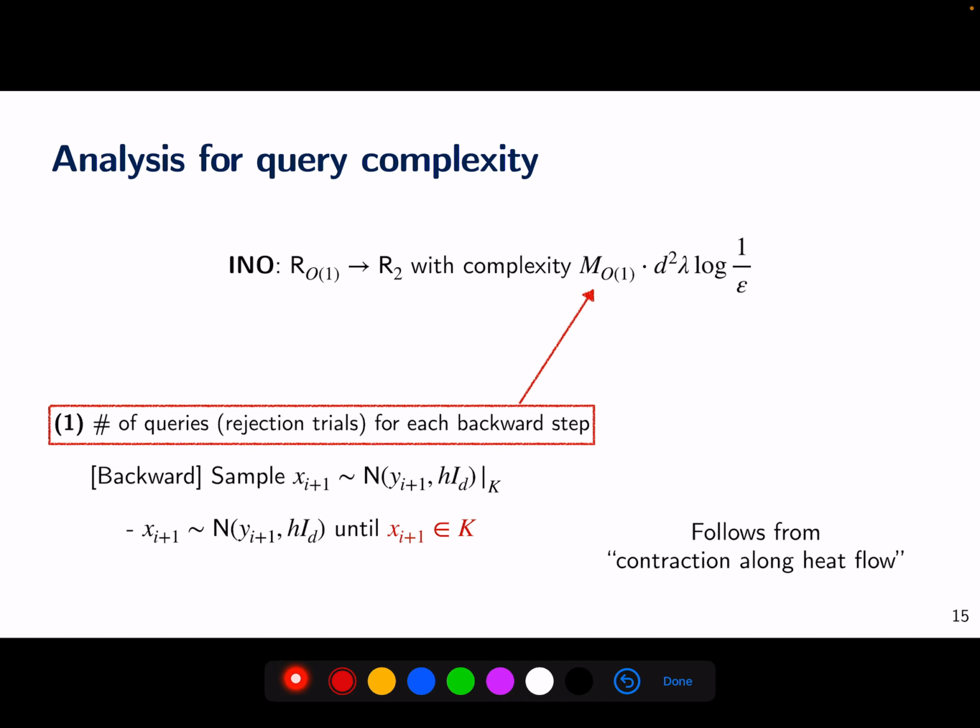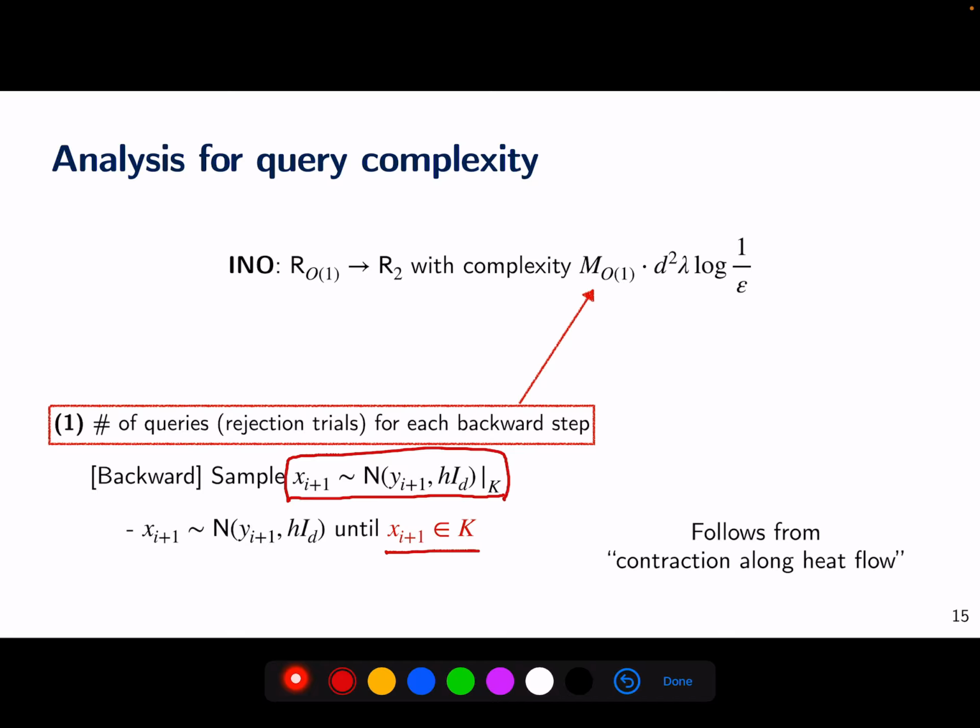And then to get this result, the complexity of this problem comes from two sub-problems. The first one is the number of queries for each backward step, per iteration. In the backward step, remember that we use rejection sampling to implement this line, right? Every single time we check whether this proposal is in K or not, we need to use one query to the membership oracle.